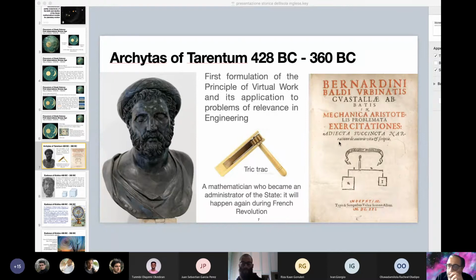Now you could ask me why I am telling you that Archytas of Tarentum was the author of Mechanica Problemata, while in every copy we have of this book, it is written that this book is due to Archimedes. Okay, sorry, to Aristotle.